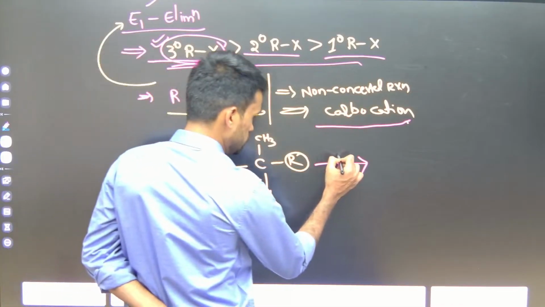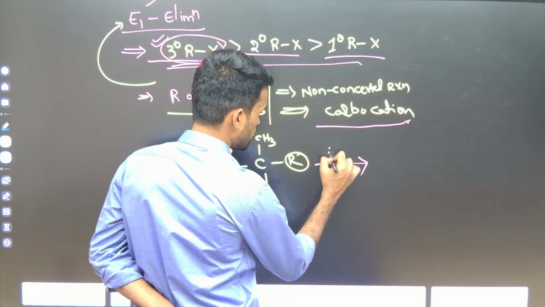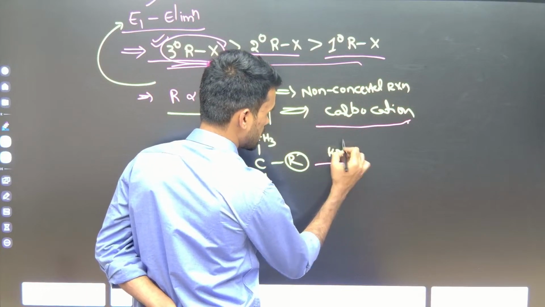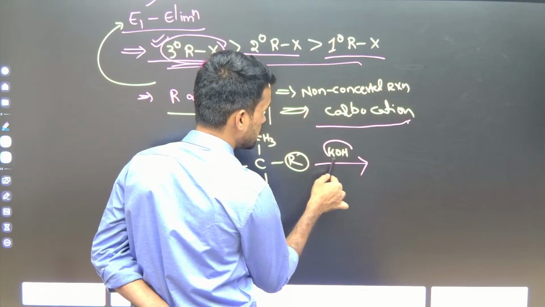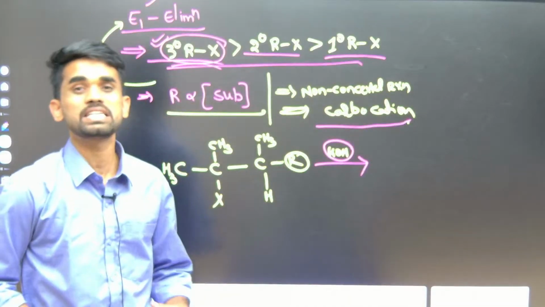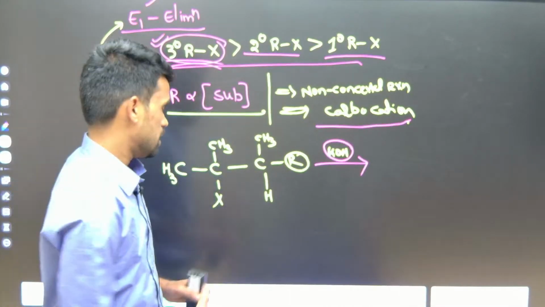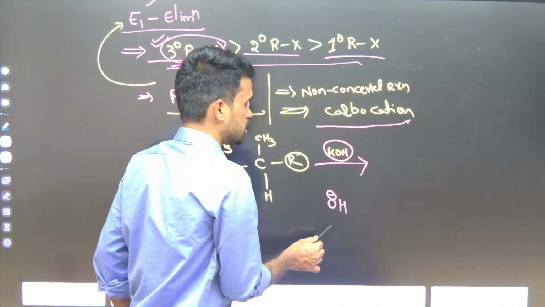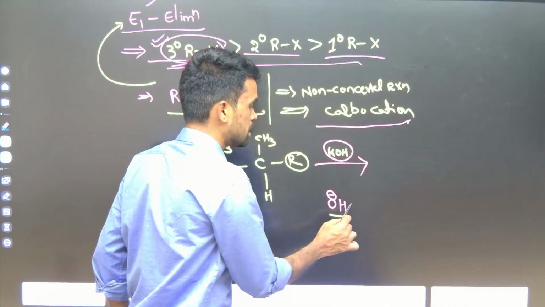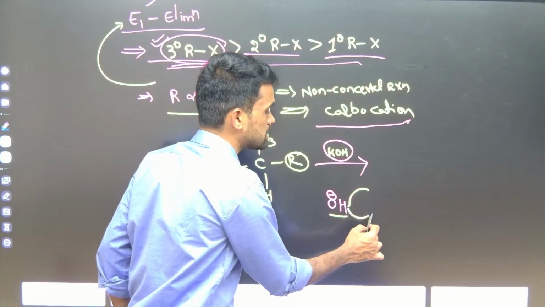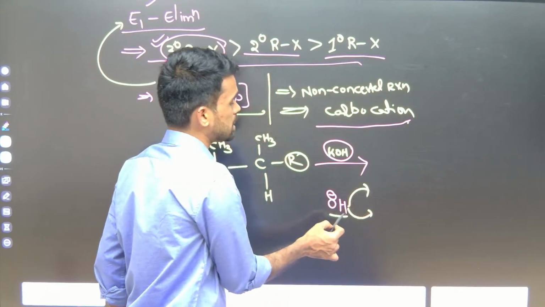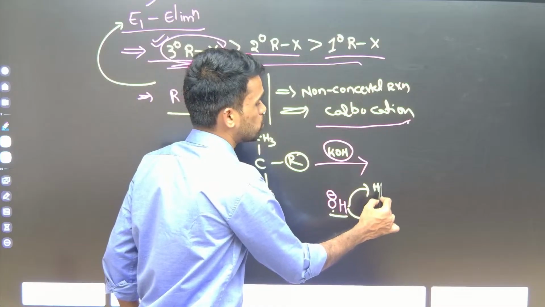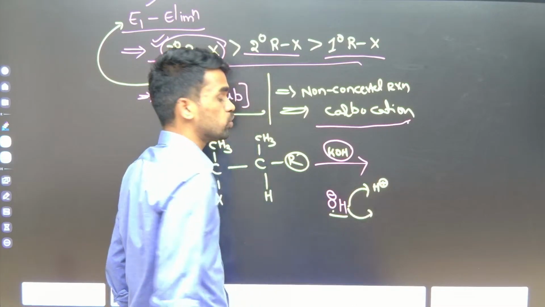So you need to treat this with KOH. Again remember guys, whatever base you are taking, that base should have more basic nature. If you take any negatively charged species like this, it can have two abilities. It can act as a base or it can act as a nucleophile. When it is abstracting a proton, you can say it's a base.